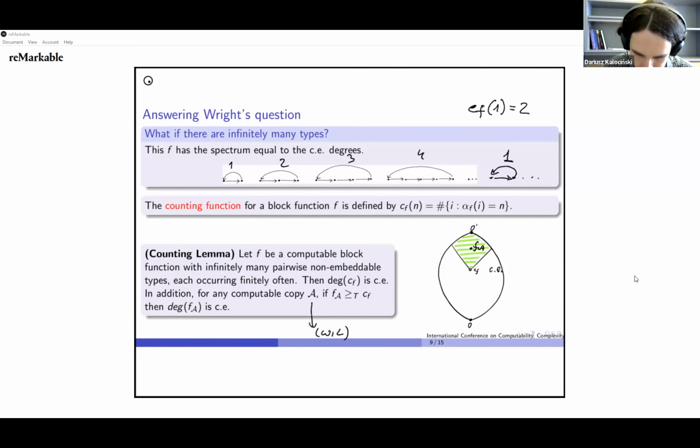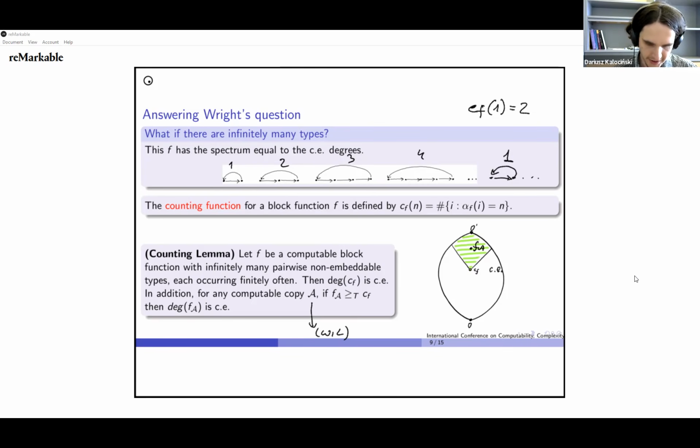The idea is that we're working in f sub A with f sub A as an oracle. We can compute the counting function, so we are able to know how many times a given type appears in the representation of the function.